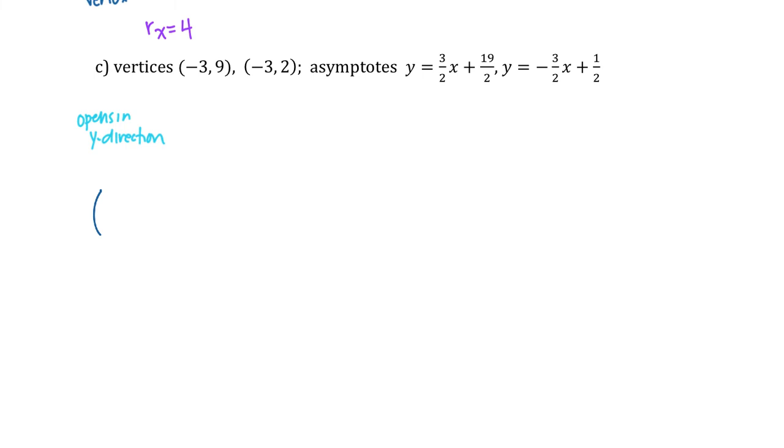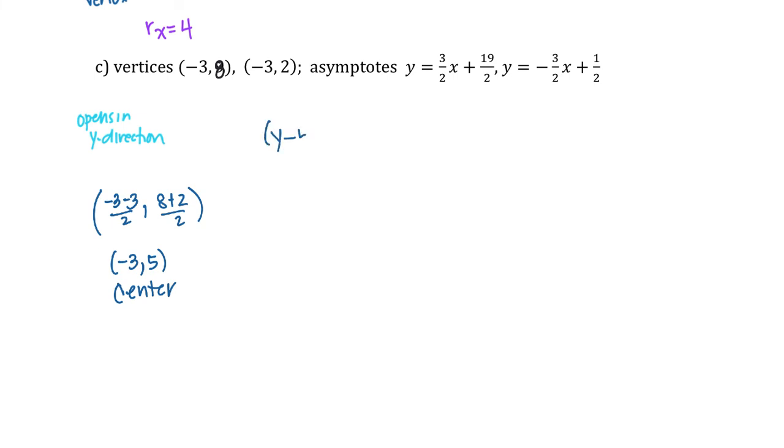Actually, make that (-3, 8), because I'm going to make it easier. Okay, -6 divided by 2 is -3. 10 divided by 2 is 5. So the center is (-3, 5), and it opens in the y direction, and I know it's a hyperbola.